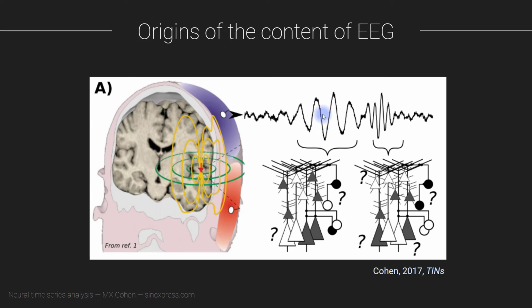But that's generally not what we are interested in as neuroscientists, as cognitive scientists, as psychologists. Instead, what we are generally interested in is what these signals mean, not so much where exactly they come from, but what does this wiggle mean? The fact that it's increasing in amplitude here, and here it's at a slightly slower frequency, here a slightly faster frequency, this is longer lasting, this is transient, and so on.